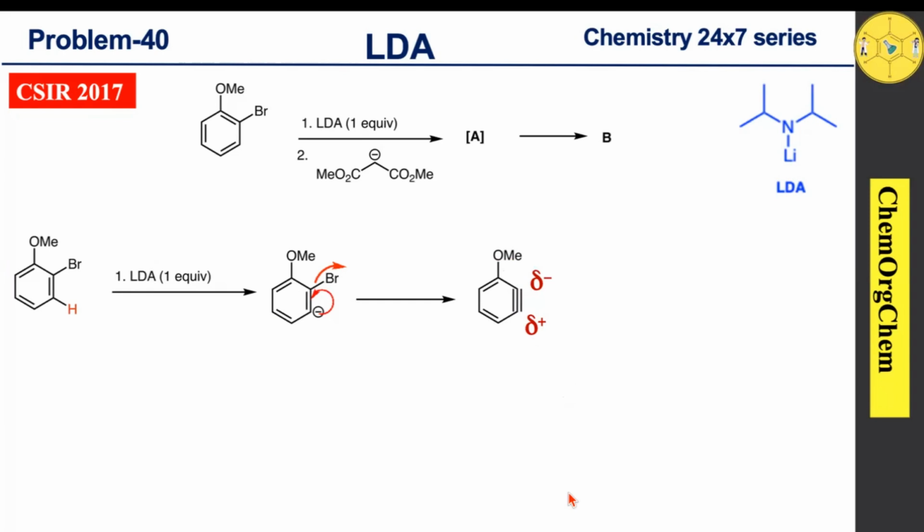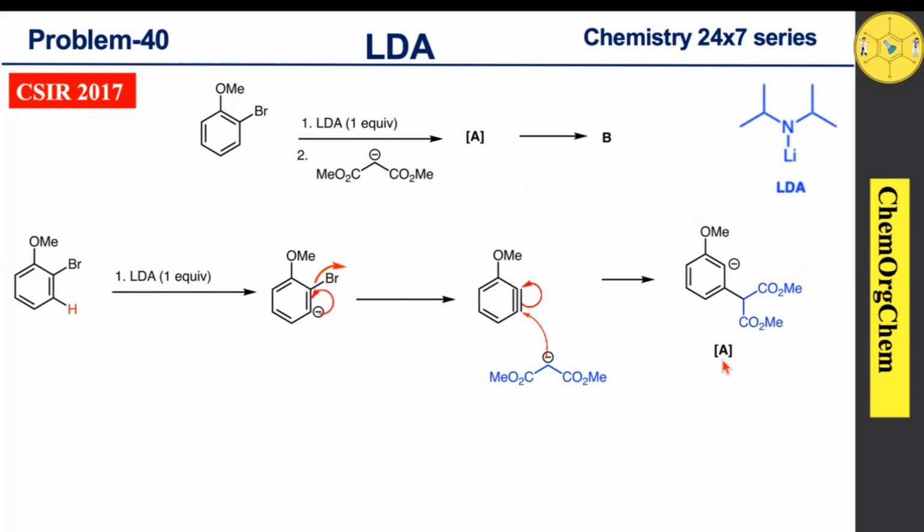Now the anion of dimethyl malonate reacts with benzyne at this particular position. This negative charge attacks this position, so the pi electrons move towards this carbon atom, which produces this corresponding intermediate. So this is our intermediate A.